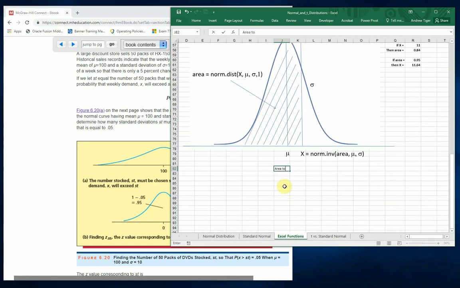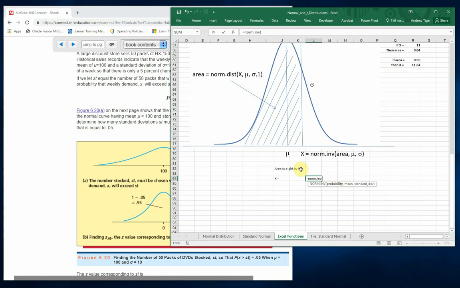the area to the right is 5%. They want to know what x should be so that the stock out, the chance that you would run out, happens only 5% of the time. So that means you're going to stock more than the average. So how we'd solve for that would be equals the norm.inv. Now the first argument is a probability, but the probability that you have to give is the area to the left.